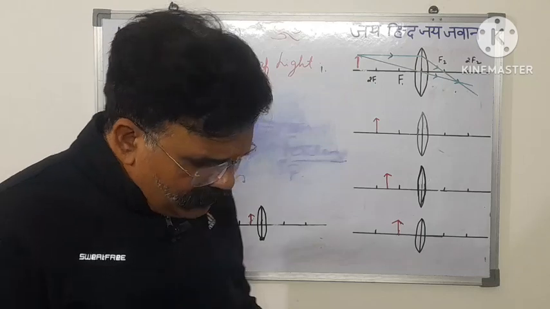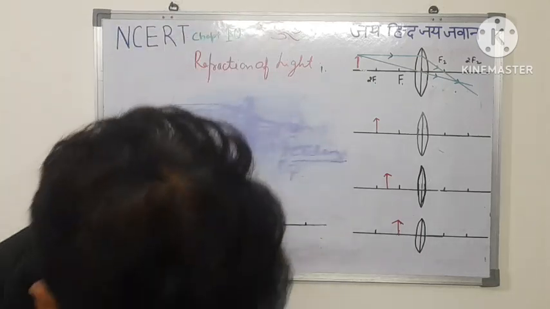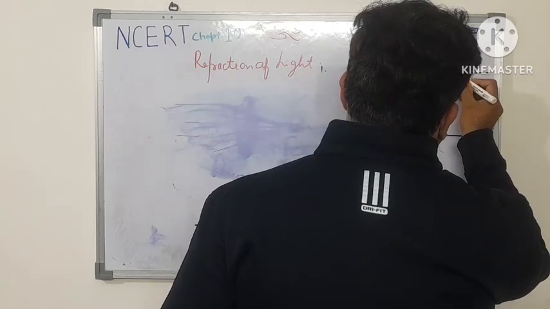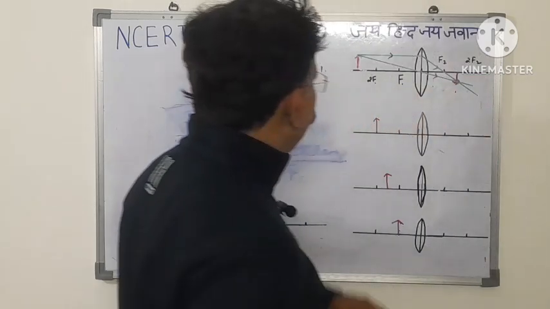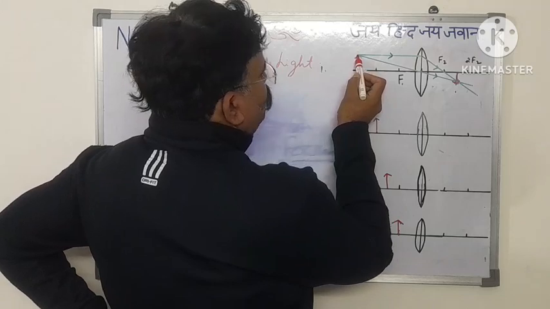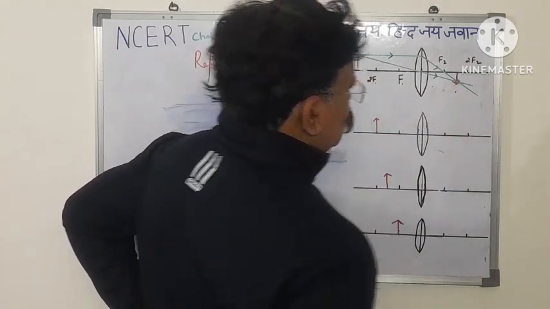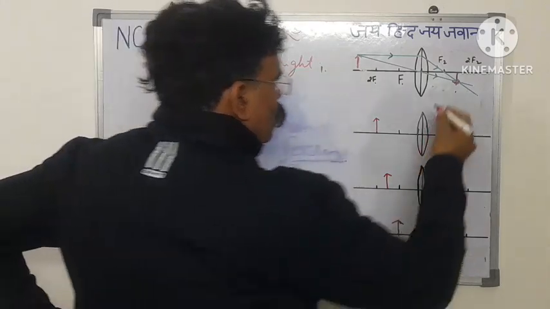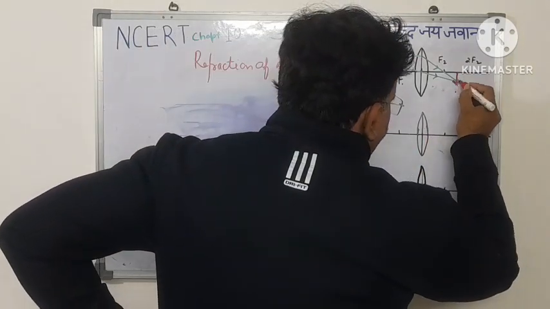Now what happened? These two rays have crossed each other at this point. You can see the top portion came to the bottom portion. The image is not formed on the upper side. So this image is inverted.